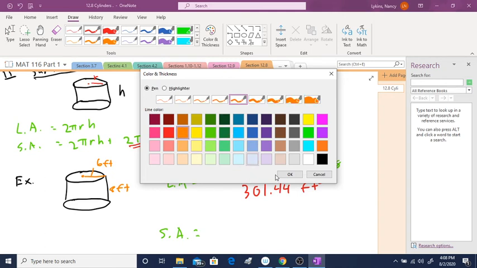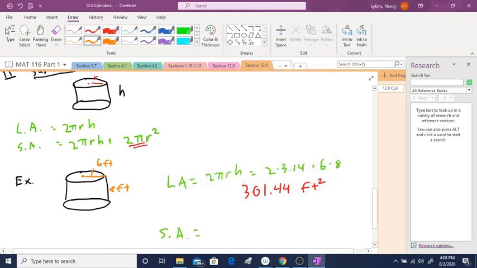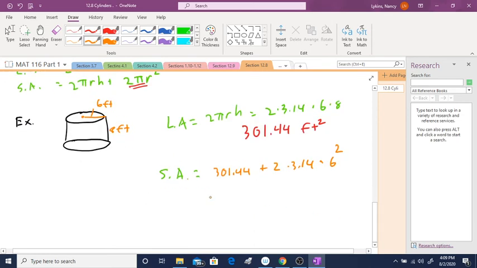Then I want to take that answer. This 301.44 is the first part of your surface area formula. I'm going to say 301.44 plus 2 times 3.14 times the radius, which is 6, squared. 6 squared is 36.